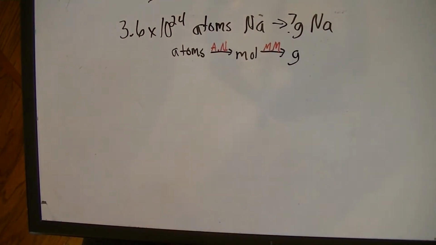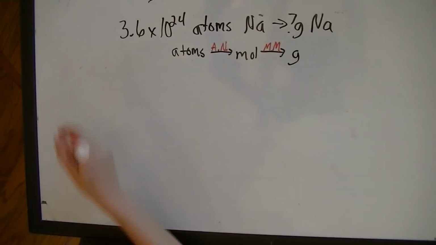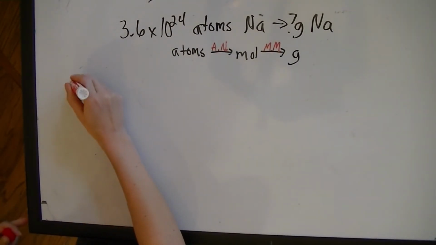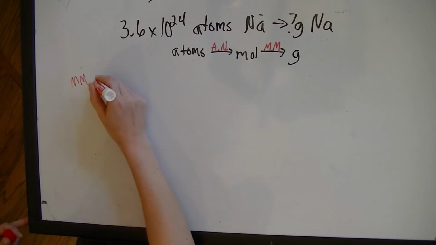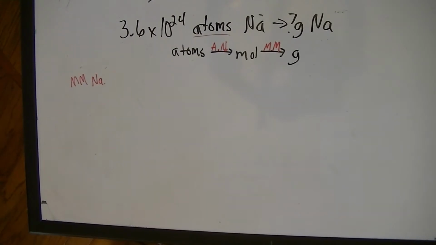All right, so I'm going to write over in the corner here my molar mass of sodium. So this time it's just an element. That's why we're using the word atoms. And I don't have to do any calculations. I just have to look up sodium on the periodic table, which for some reason I don't have out. And then I also want to write down Avogadro's number.